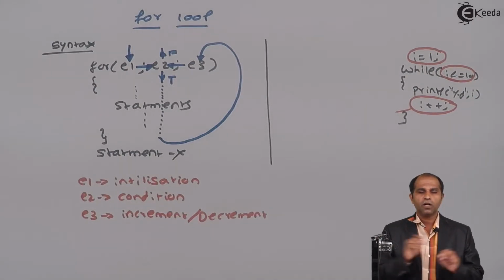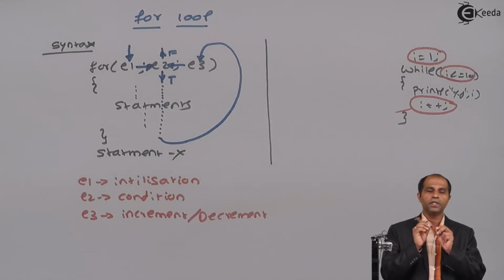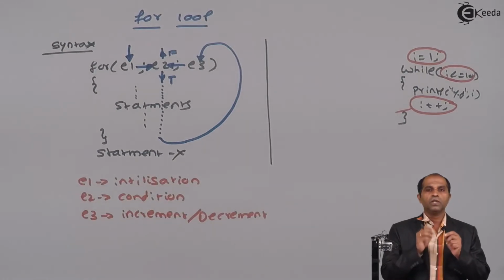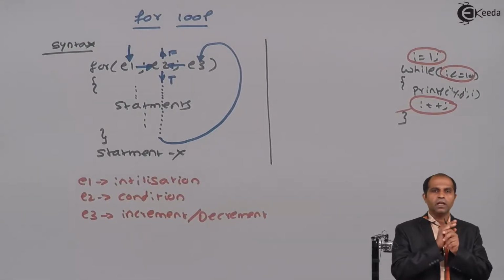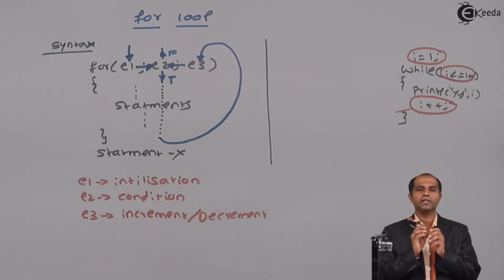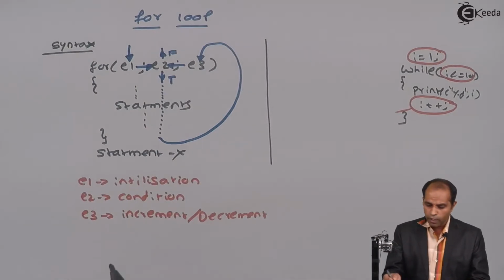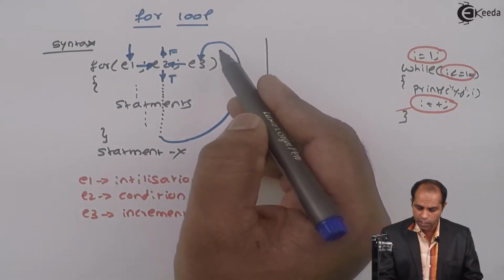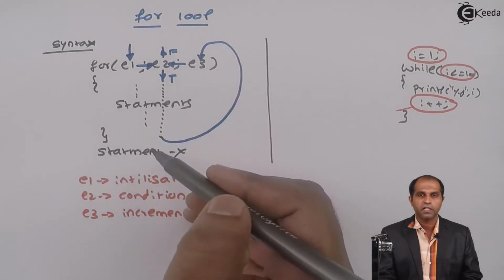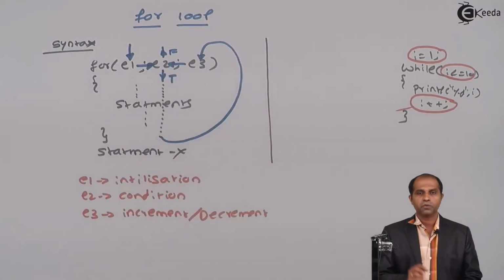E3 is not in the picture when the loop executes for the first time. When the loop executes for the second, third, fourth time, and so on, it will always be the third expression E3 followed by E2. E1 will not be in the frame for the remaining executions except the first one. This process keeps on repeating: E2, statements, E3, E2, statements, E3, until the condition remains true.